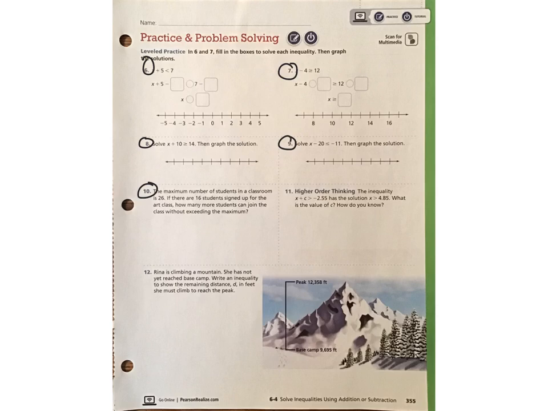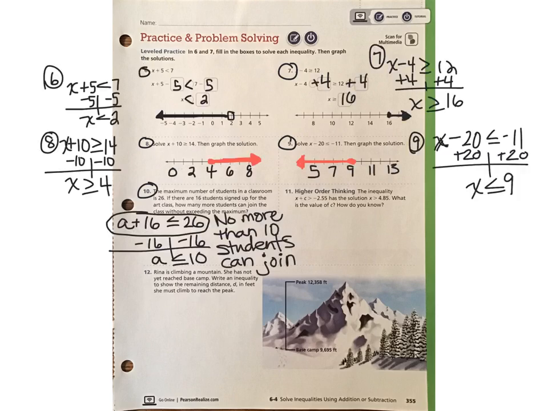All right, now on page 355, I want you to try questions 6, 7, 8, 9, and 10. Try each of these, come back when you're ready, and check your answers. All right, now you're going to want to take a look at your work and answers for questions 7, 8, 9, and 10.